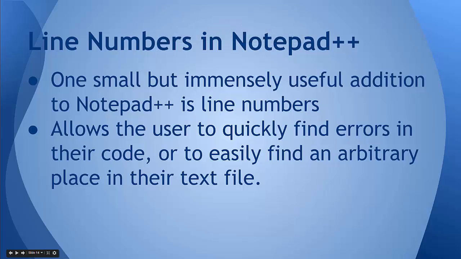One of the features that this app adds that really enhances it as a source code editor is line numbers. To the left of the user's text, one will find numbers. These numbers are useful for rooting out errors in one's code, as well as just identifying where in the text one is.